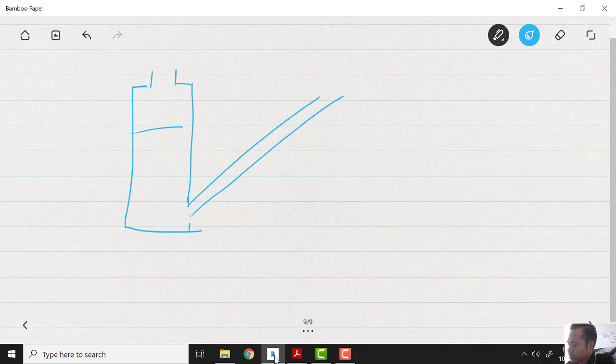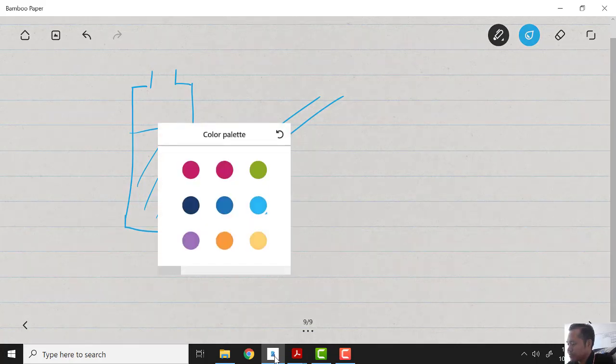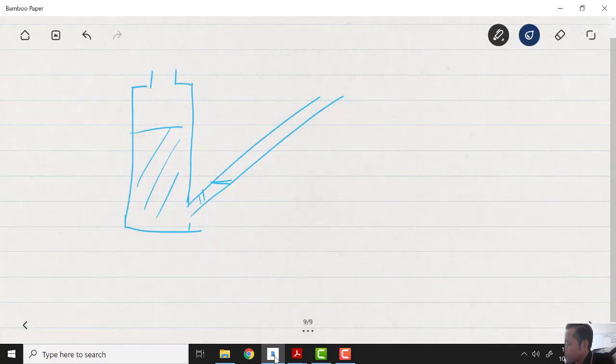For example, here we have water, and here it is connected to mercury. So this mercury is your manometric fluid.